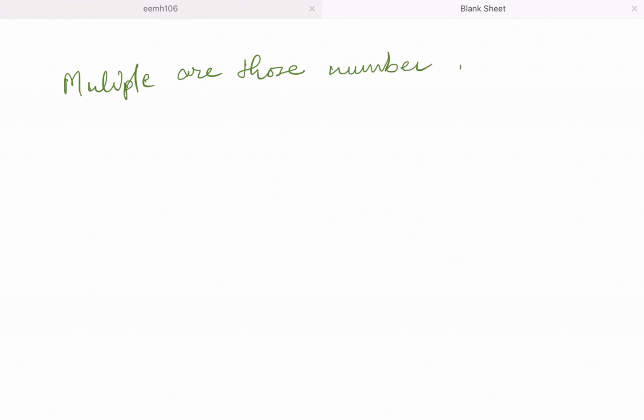Multiples are those numbers which can be divided by a given number.